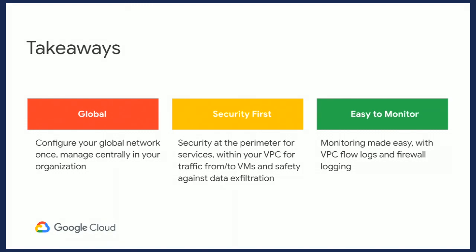You can specify network layer firewall rules for security within your VPC. You can use Cloud Armor to specify security policies that get applied at the edge of our network for your load balanced applications. And you can also use VPC Service Controls to ensure that your data and your compute are protected against data exfiltration.